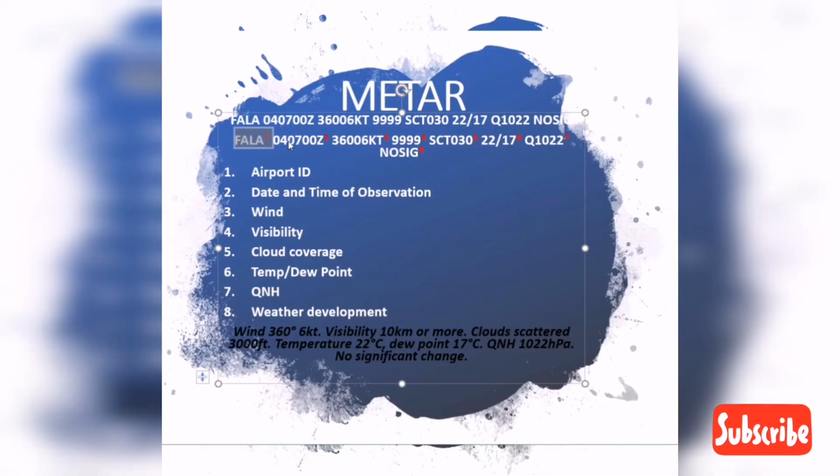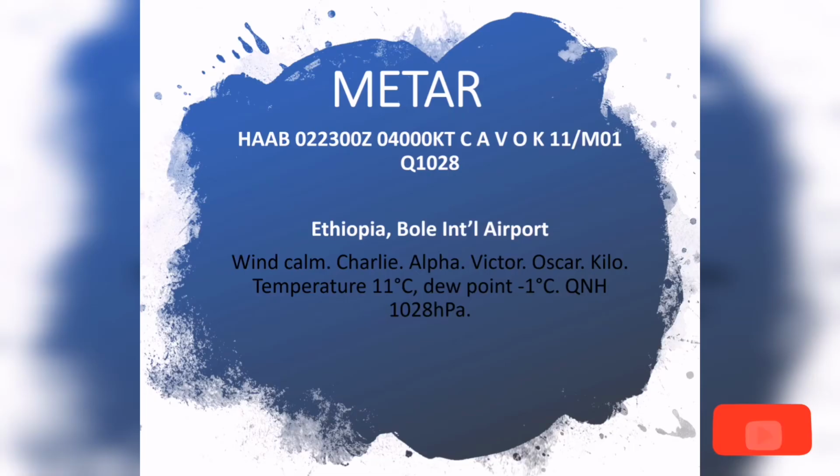It means while visibility is more than 10 kilometers, cloud cover, on the other hand, sits at a height far lower than 5,000 feet. For instance, here, cloud cover was scattered clouds at 3,000 feet. So that is why they used 9999, which is visibility 10 kilometers or more. But in the Ethiopian airport one, they are using CAVOK, which means visibility more than 10 kilometers and there's no cloud cover below 5,000 feet.